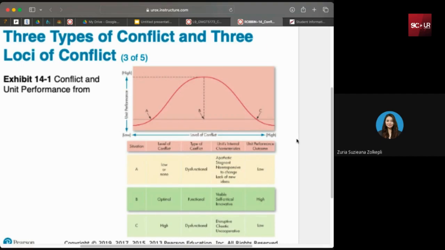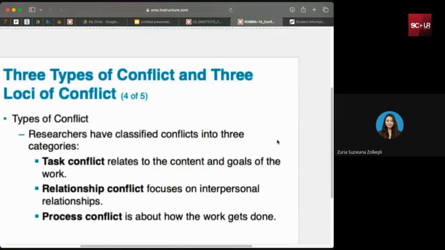Okay, position power. You have to use rewards and punishment, kan, to handle the situation, right? To handle the situation. Okay.